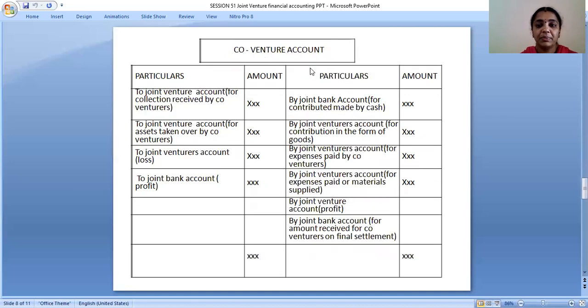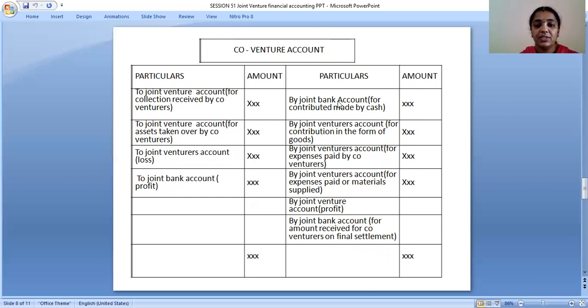Next we have to prepare the co-venturers account. On the debit side: to joint venture account for collection received by co-venturers; to joint venture account for assets taken over by the co-venturers; to joint venture account for loss; and to joint venture account for profit.